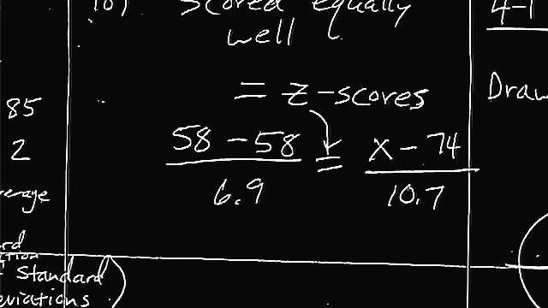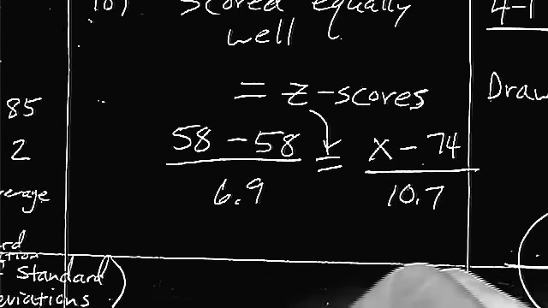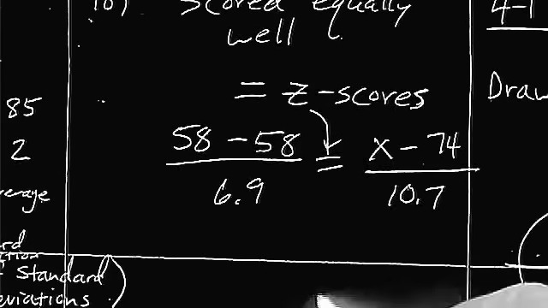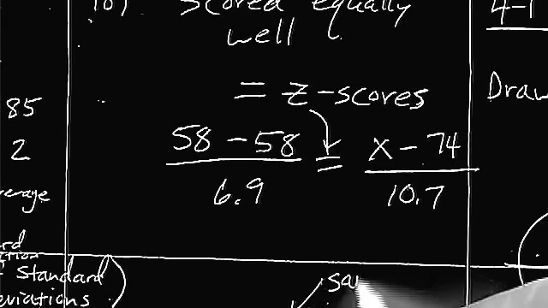Question 19 says Angela had the same raw score, and she performed equally well, or scored equally well. So this means same x value.